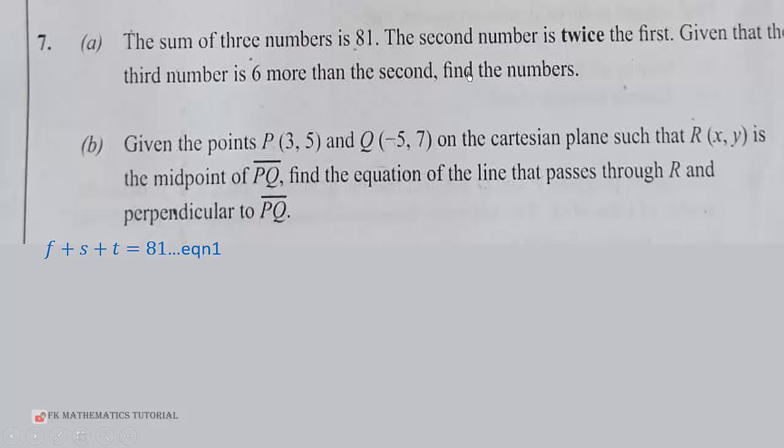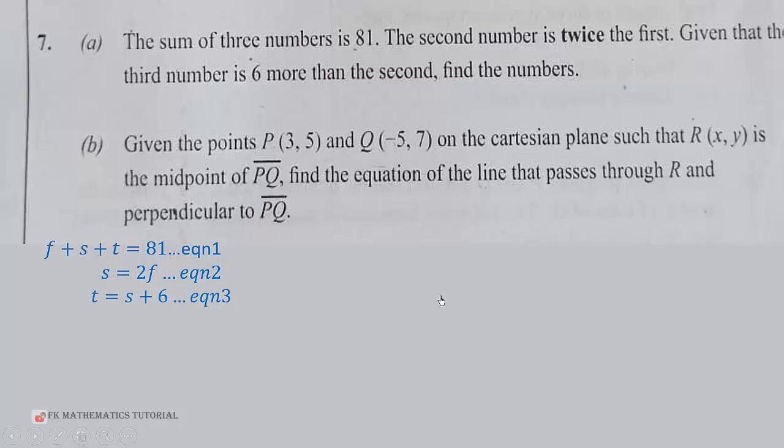Then they say the second number is twice the first, so S equals 2F. That is equation 2. Then we're told that the third number is 6 more than the second, so T equals S plus 6, equation 3.